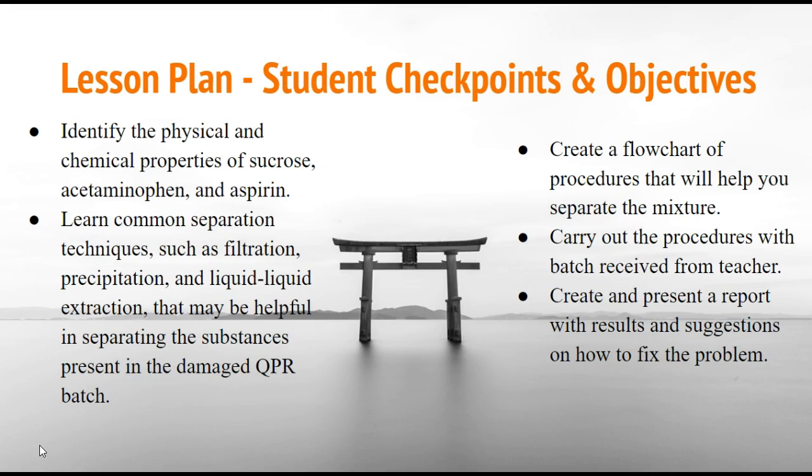Then they'll carry out the procedures with the batch they receive from me. And then finally, they'll create and present a report with results of what the problem is and their suggestions on how to fix the problem. So they would be given this checklist, with resources in Google Classroom to help guide them through the process after they've written their contract and everybody's agreed to it.